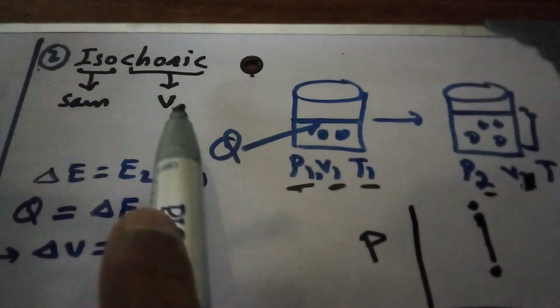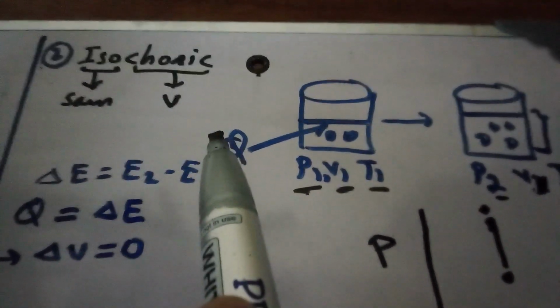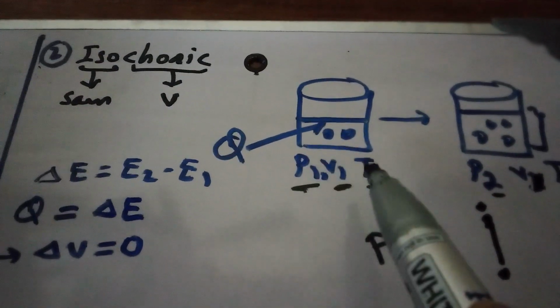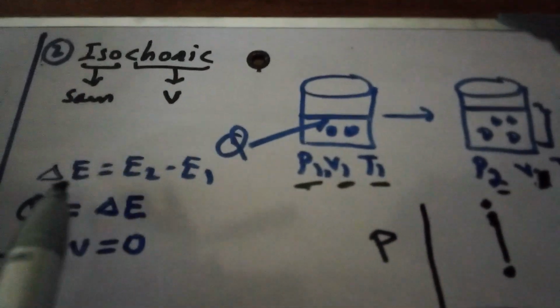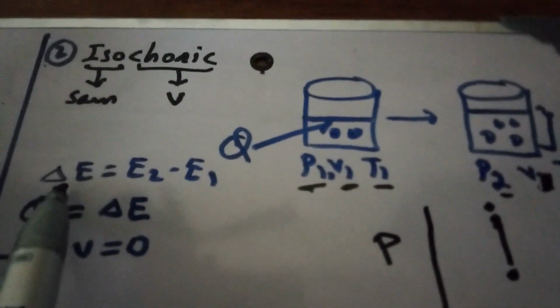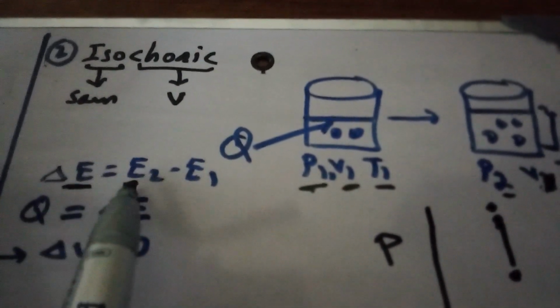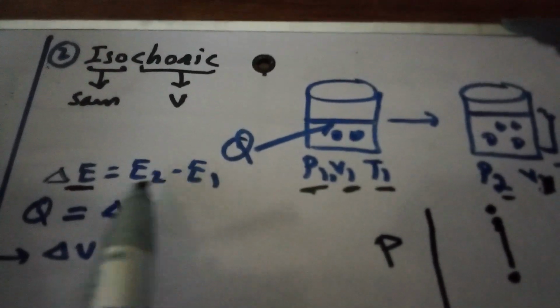Choric means volume, so the volume is constant; there is no change in volume. Delta E, the internal energy, is equal to E2 minus E1.